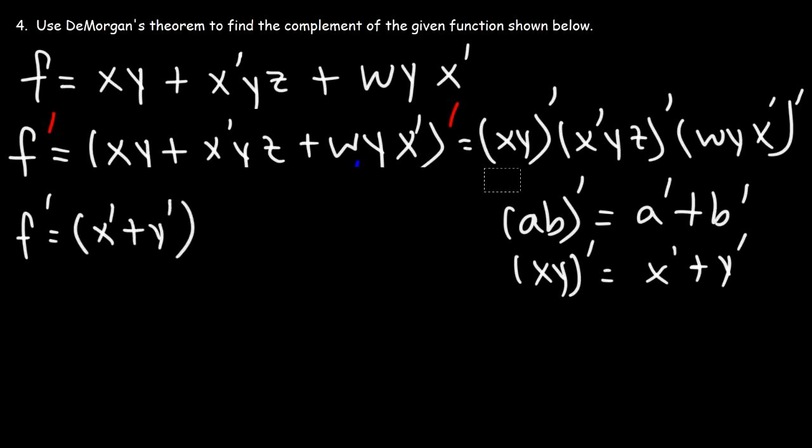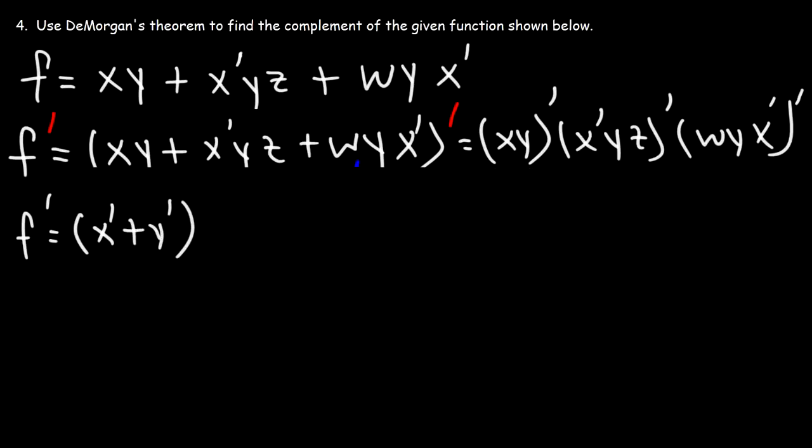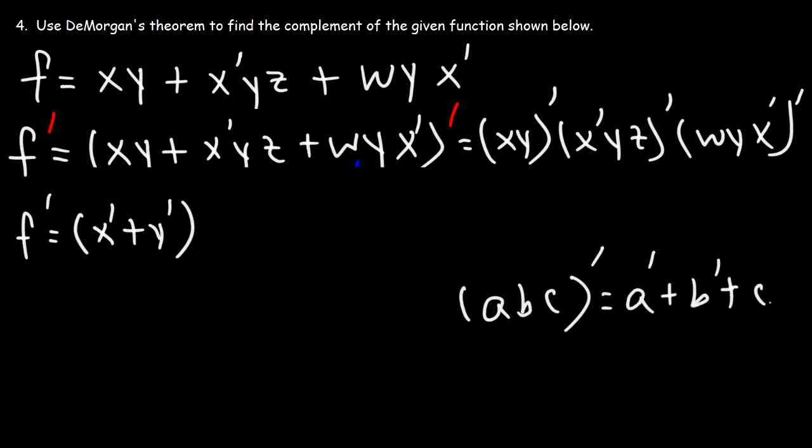Now let's move on to the second part. And that's this part. So we have three variables. And so we're going to use this expression: A, B, C prime is equal to A prime plus B prime plus C prime.